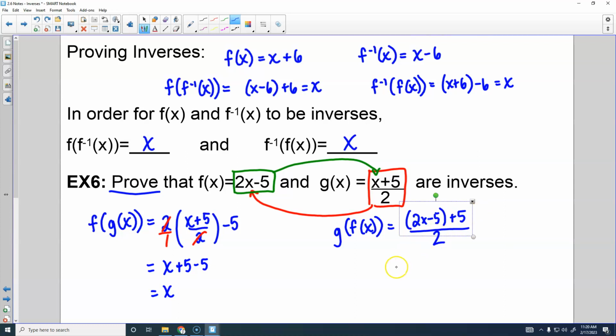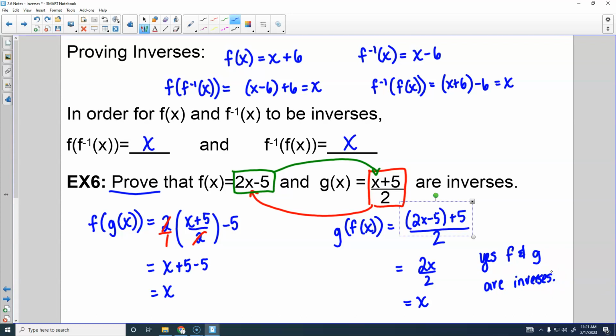The 5's. So we'll have 2x over 2, and now the 2's will cancel, and we'll just get an x right there. So this would prove that they are in fact inverses. Yes, f and g are inverses.